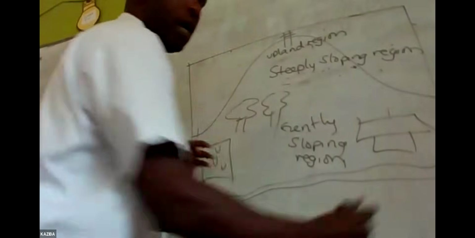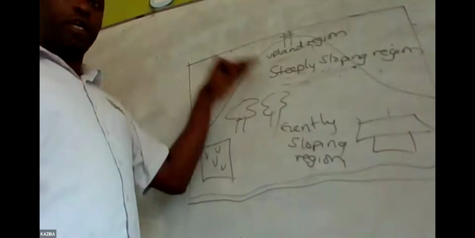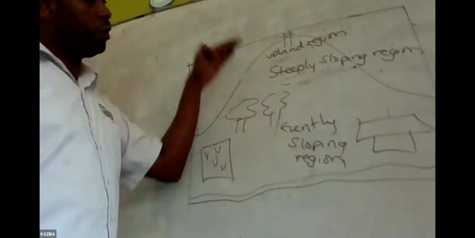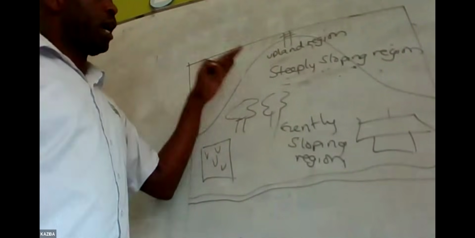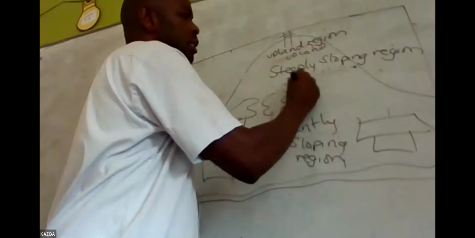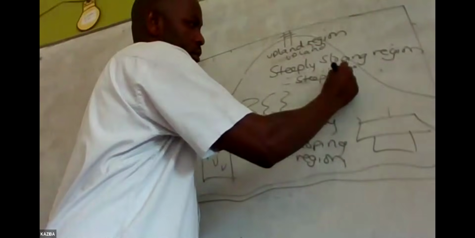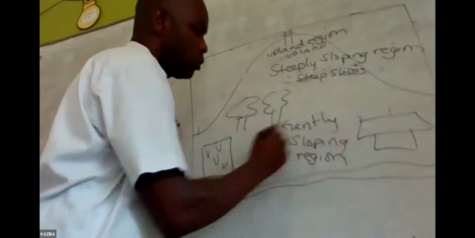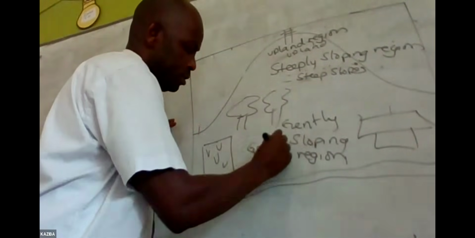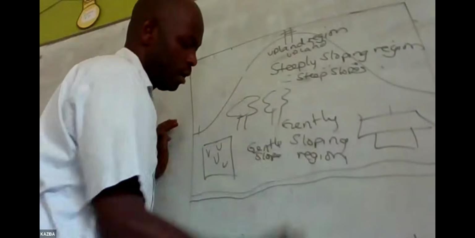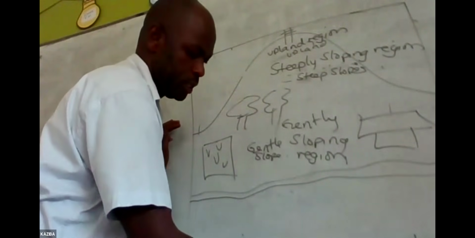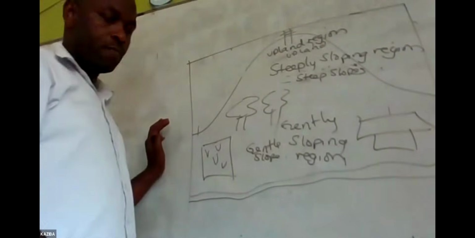So if they ask for relief regions, this is what we put. If they ask for features, you just say upland, steep slopes, gentle slopes, and lowlands. That's the difference.